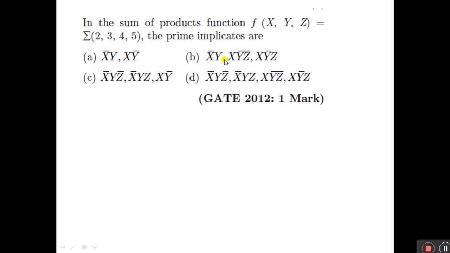Option B: x bar y, x y z bar, x y bar z. Option C: x bar y z bar, x bar y z, x y bar. Option D: x bar y z bar, x bar y z, x y z bar, x y bar z. So the sum of products function is given, and they are asking to calculate the prime implicants. Let us see the solution.